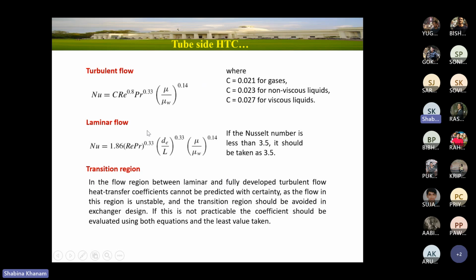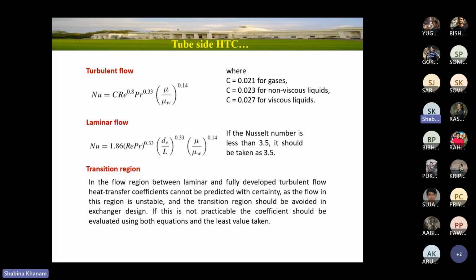So these heat transfer coefficient correlations you have already read in the heat transfer course, and here we have different conditions, like if turbulent flow, laminar flow, or transition flow is there. I will tell you how to further calculate the tube side.